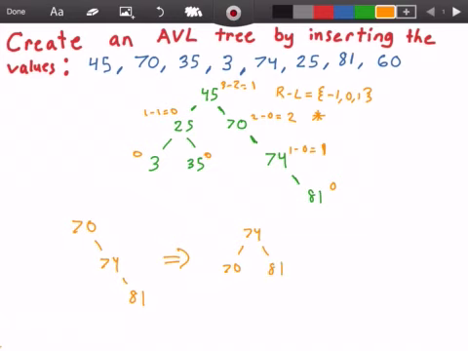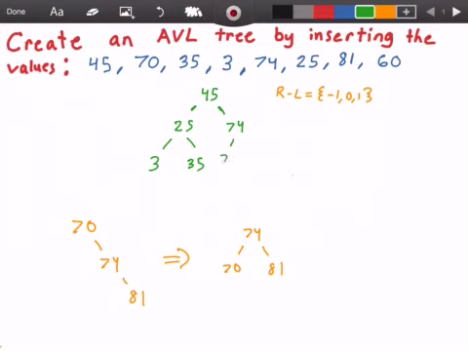All right, so let's rewrite our subtree here and get rid of the balance factors. Okay, and there we go. All right, so now we get 74, 70, and 81. All right, so now our tree is balanced.